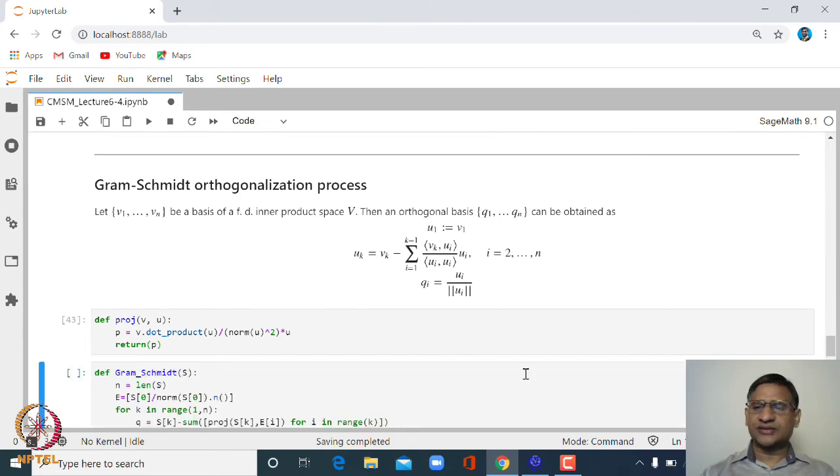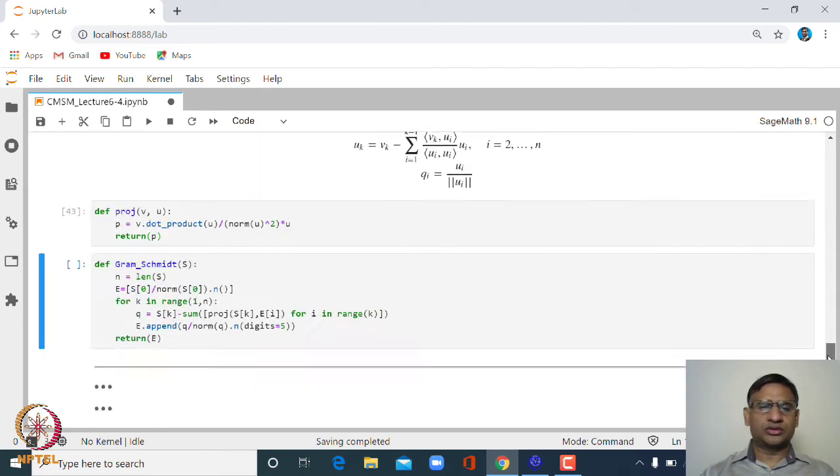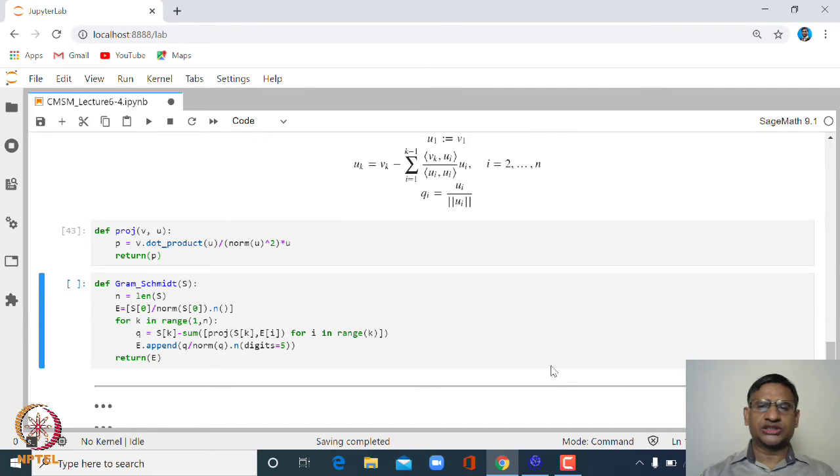Next let us create the Gram-Schmidt orthogonalization process subroutine. So what we are doing, we have to pass a set of vectors which are linearly independent, and define n to be the length of this set, that is the number of vectors in S, and then initialize E, which is going to be the set of orthonormal vectors.